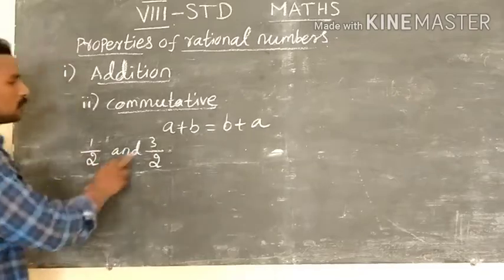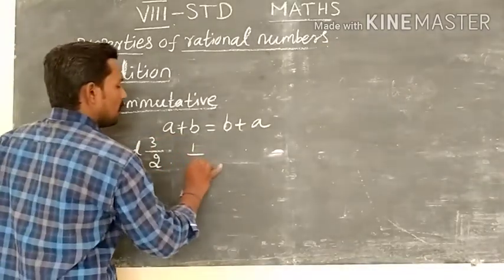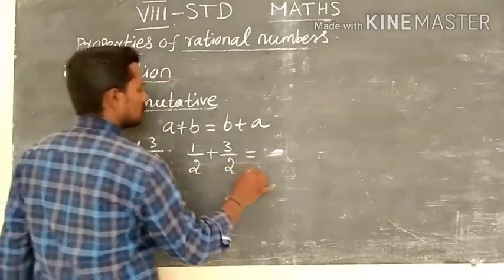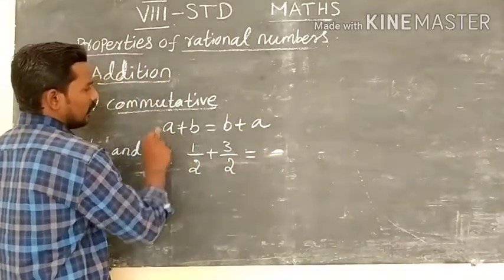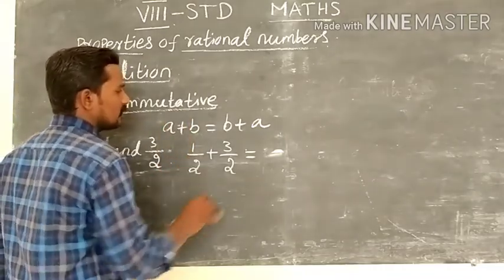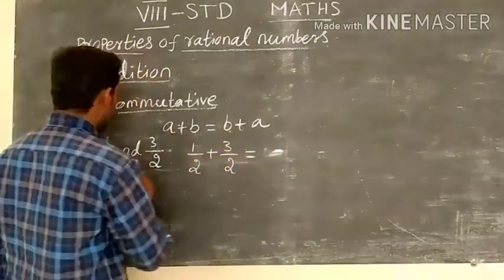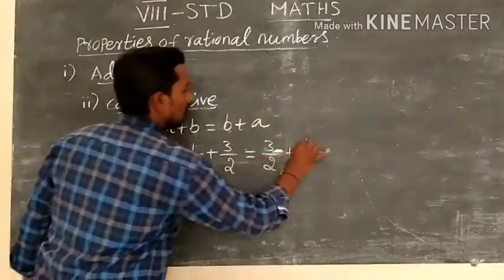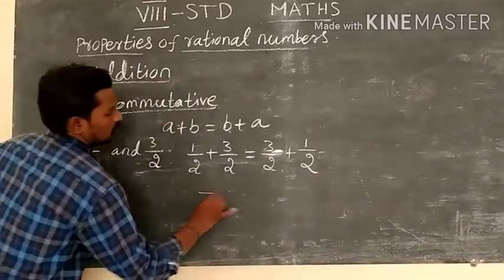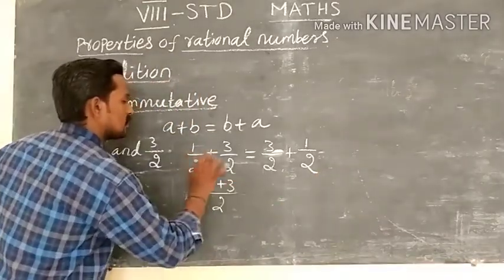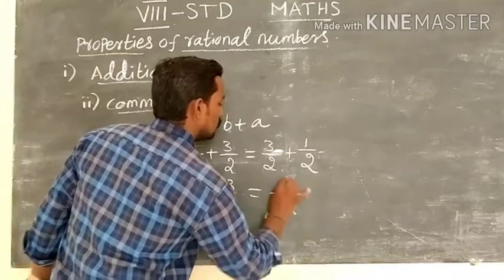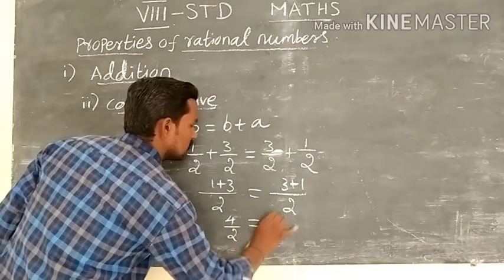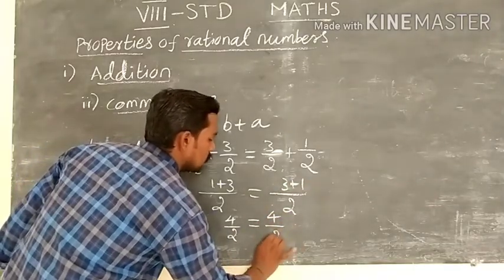A is 1 by 2, B is equal to 3 by 2. 1 by 2 plus 3 by 2 is the left hand side, LHS. The right hand side, RHS, is B equal to 3 by 2 plus A equal to 1 by 2. 1 plus 3 is equal to 4, 4 by 2, which is equal to 3 plus 1 as well, 4 by 2.